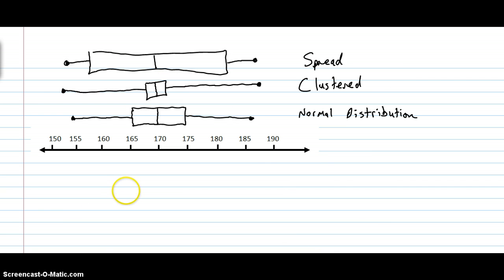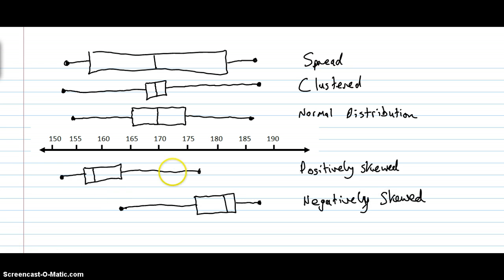The last two common types of box and whisker plots that we're going to look at are positively skewed and negatively skewed. In the positively skewed box plot, the plot is slanted towards the left. The box is over to the left, and so is the median, to the left side of the box. It's no longer in the middle. It's a little bit over to that side. The far left whisker is shorter than the right hand whisker. That's a positively skewed box and whisker plot.